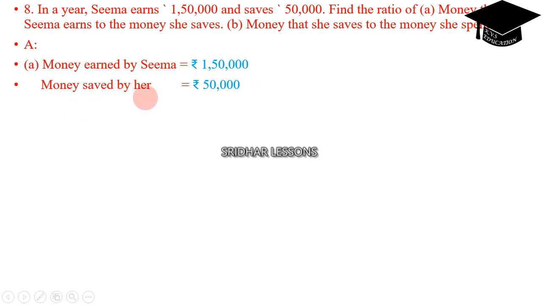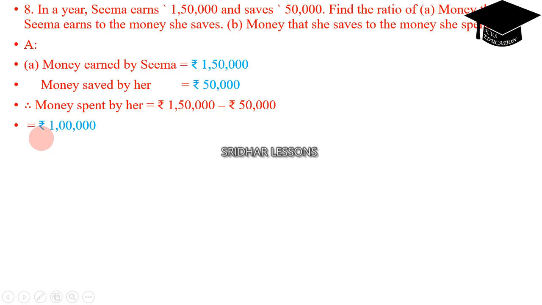Money saved by her is equal to 50,000 rupees. Now, money spent by her is equal to 1,50,000 minus 50,000. This is equal to 1 lakh, because she saved 50,000. So the rest of the amount was spent by her.